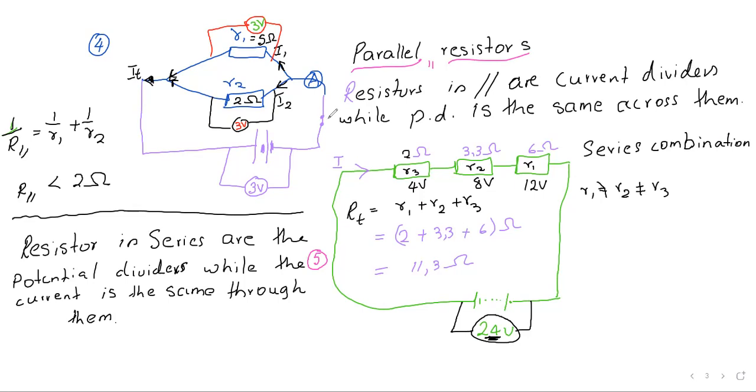Now, the potential difference, I said, is 3 volts here and 3 volts there. Please don't add them up to give you 6. It doesn't work that way. It only works on the series combination. So the potential difference will be the same across those resistors.